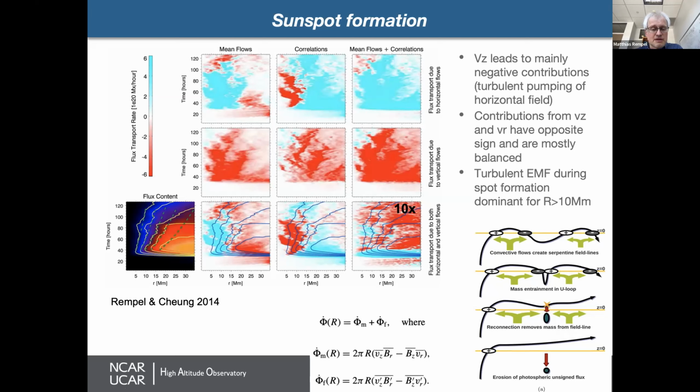And the other thing we learned here is that actually this correlation contribution is quite significant. Actually, most of the sunspot formation, except for the innermost part, comes from this correlation component. This has to do with the formation of mixed polarity, which converge. You have a negative polarity moving out, positive moving towards the spot, which leads to the positive contribution to the flux.